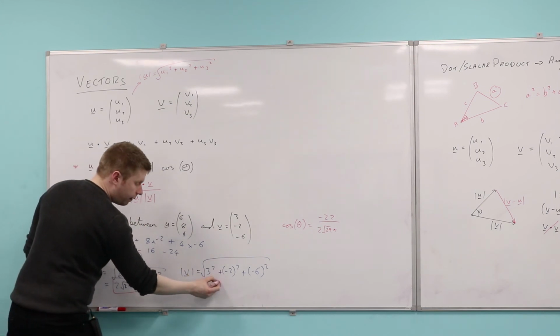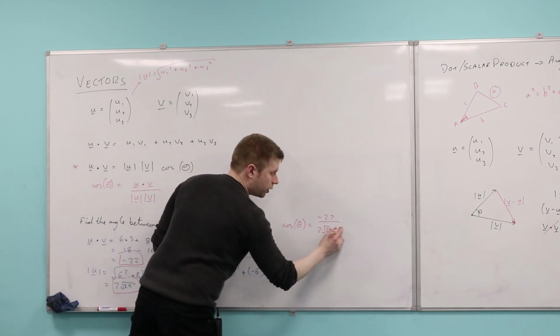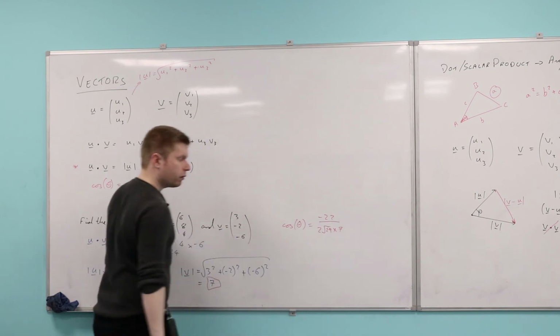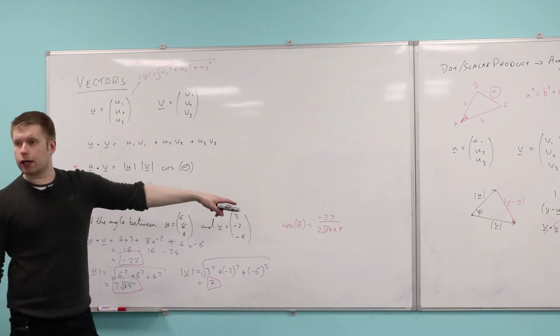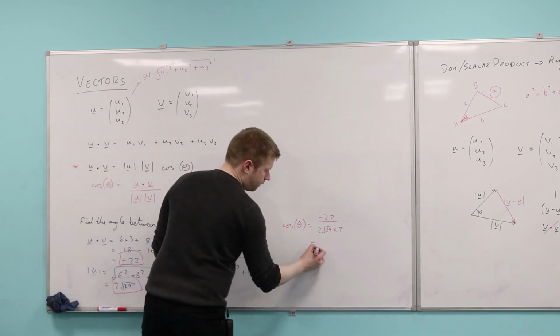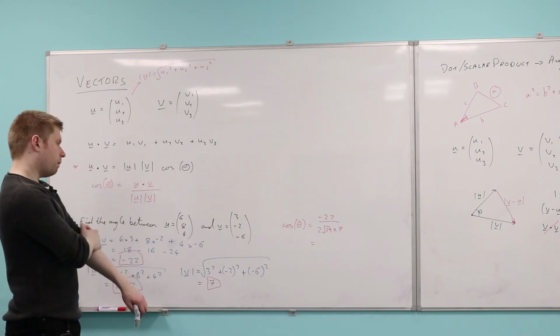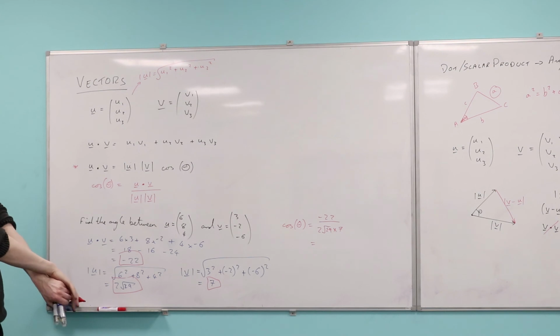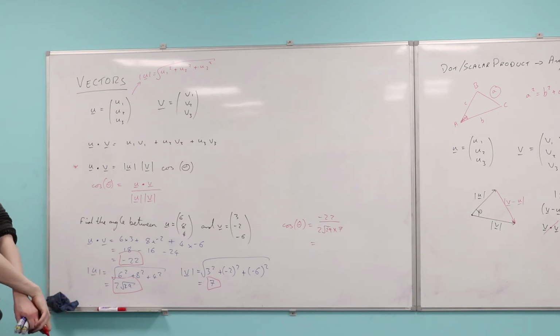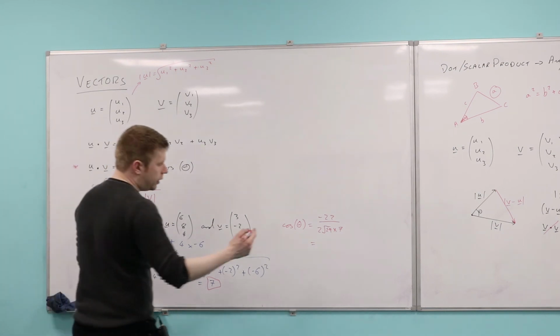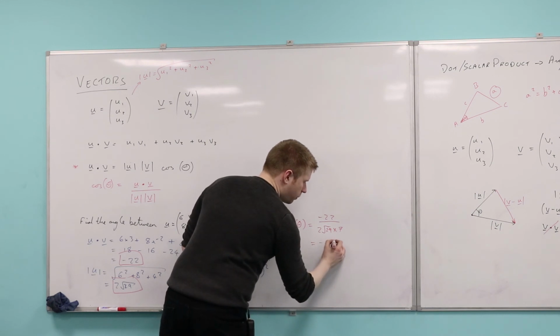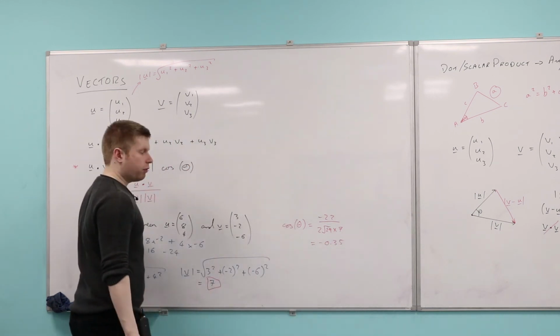I've also got that. It's 7. So I just multiply 2 by 7. Stick all that in your calculator. What do you get? Negative 11 over 7 root 29. It's negative 0.36. That's fine as a decimal.